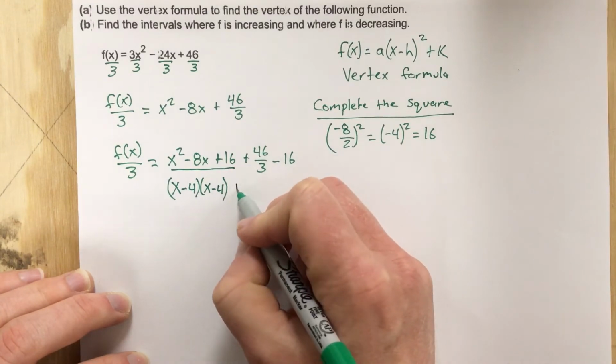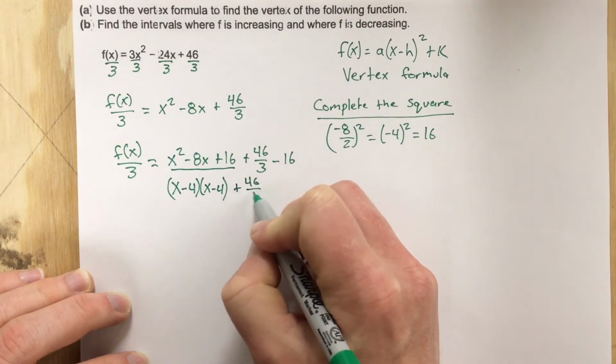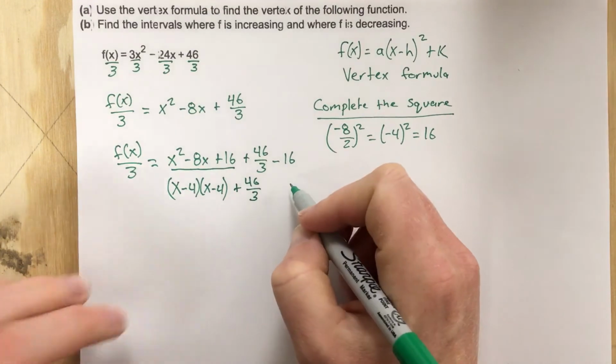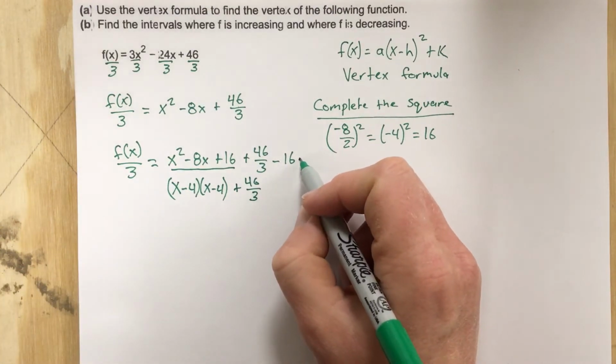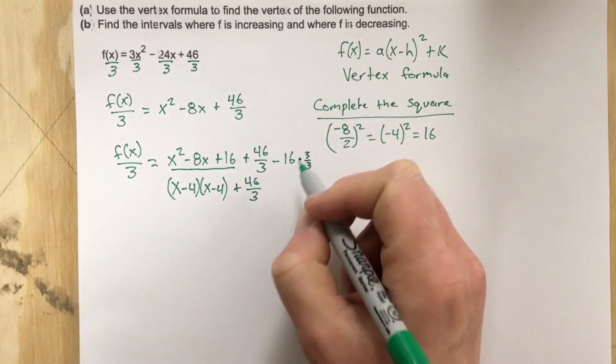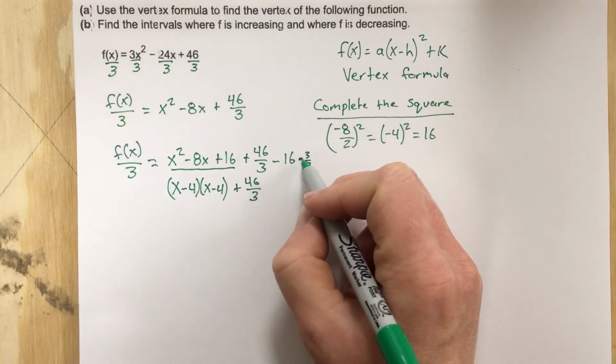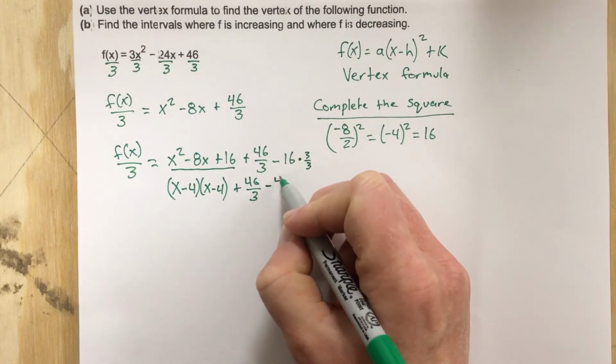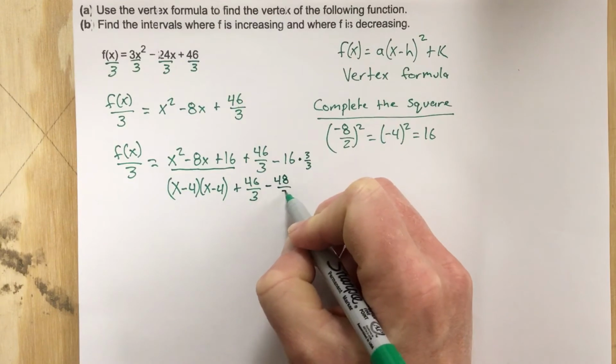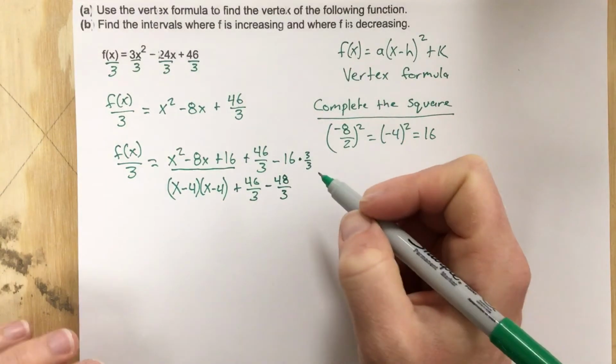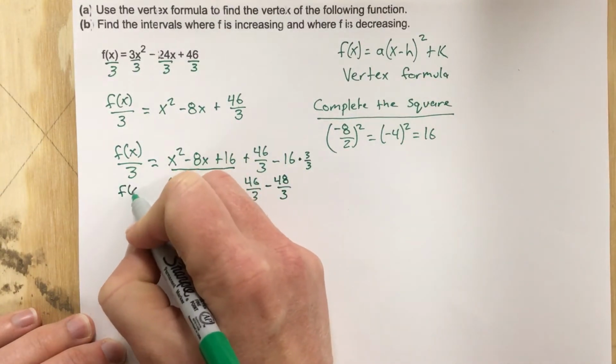So this is going to be plus 46 over 3. If I multiply 16 by 3 over 3, this will give us 48, so minus 48 over 3.